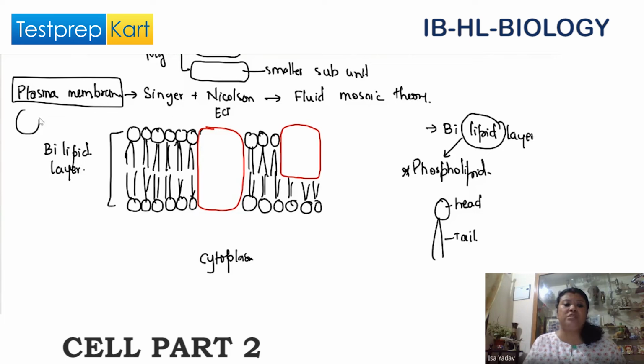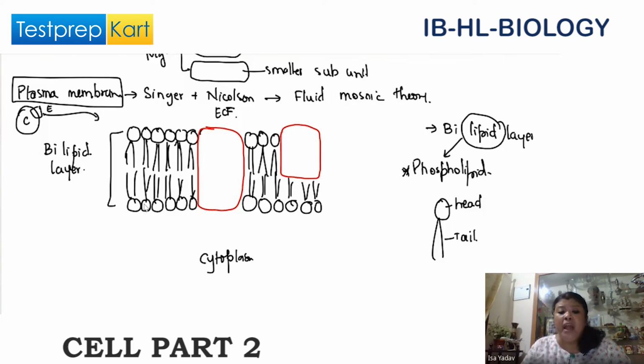See, this is our cell. I have taken a section of plasma membrane, this one. So this is cytoplasm, this is extracellular fluid. Now try to understand this, in between the bilipid layer.